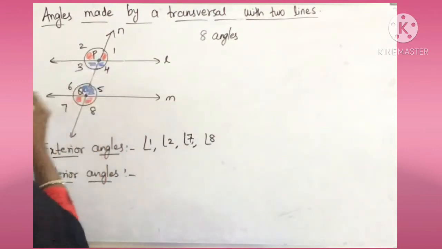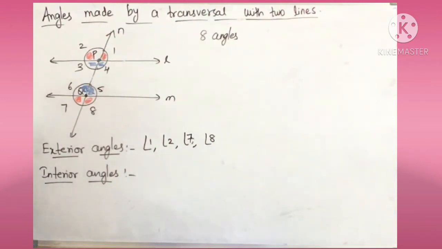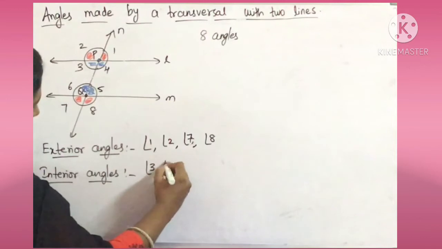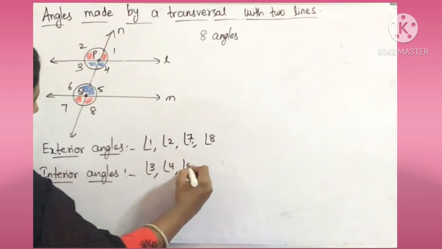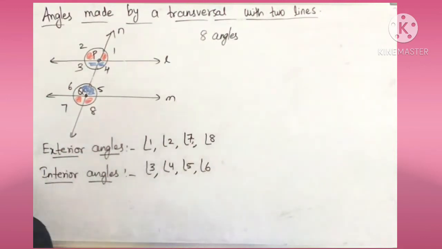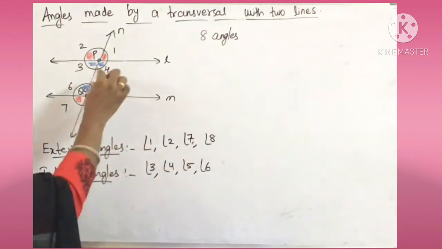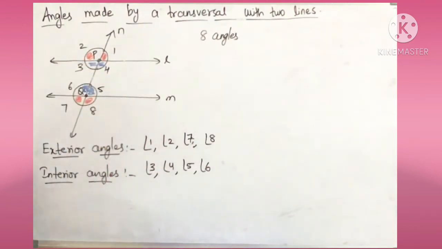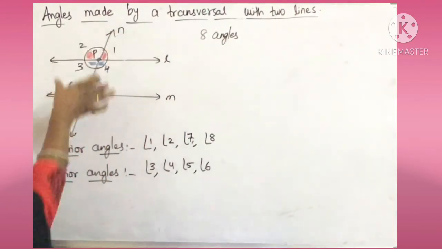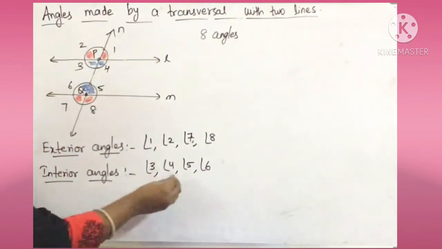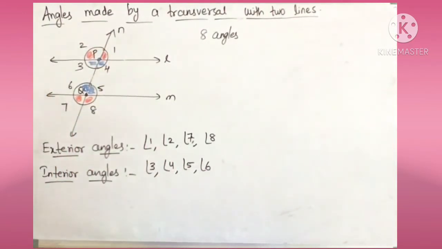So these are the 4 interior angles: angle 3, angle 4, angle 5 and angle 6. Now we can simply identify them by seeing, with no need of thinking about the line segment also. In the figure, the outside angles are exterior angles and the inside angles are called interior angles.